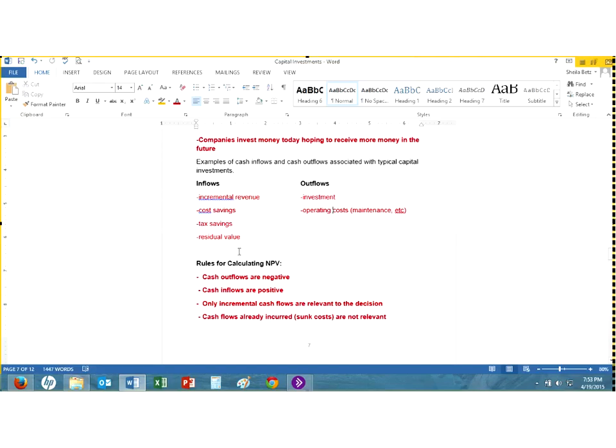We only want to look at incremental cash flows that are associated to the actual investment. As I mentioned earlier, if Starbucks bought that new fancy coffee machine, we would just look at revenue attributed to that. We wouldn't look at revenue for all of their products. Any cash flows that have already been incurred are considered a sunk cost and they're not relevant.